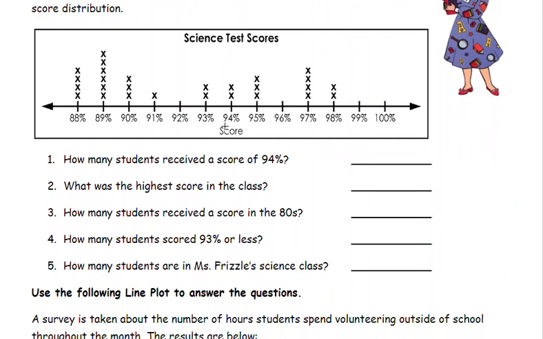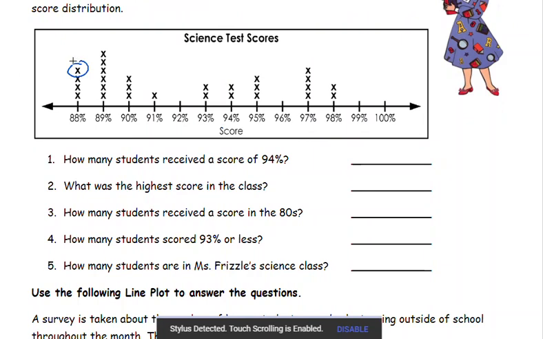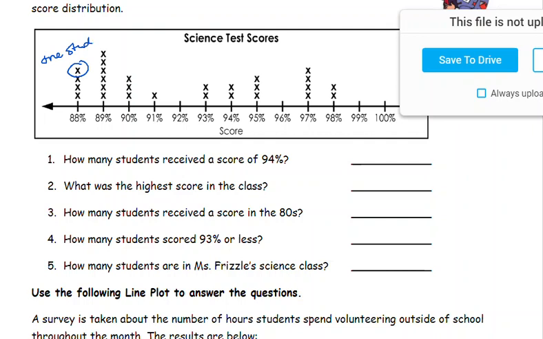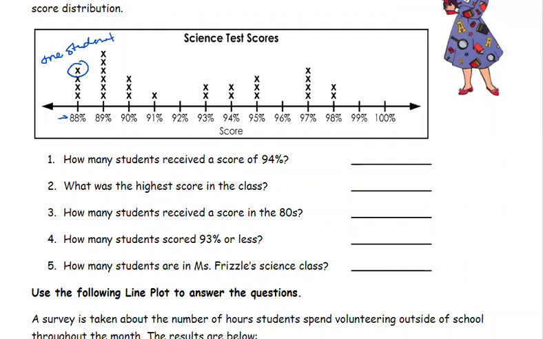When we look at a line plot, each X represents one piece of information. So this X here is one student, and that one student is someone who got an 88% on their test. So there's 1, 2, 3, 4, 5 students who got a score of an 88%.